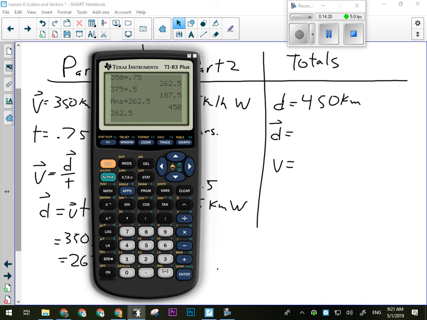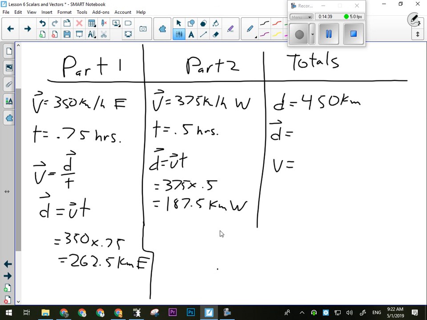I have to subtract them, yeah, okay, because I backtracked. I went out and back a ways. All right, so my total displacement then is only 75 kilometers east, right? Because I went east 262 and west 187.